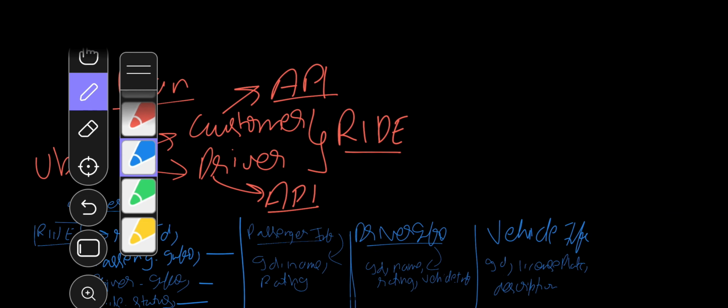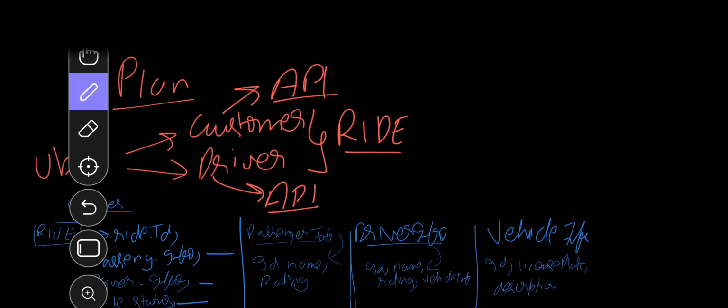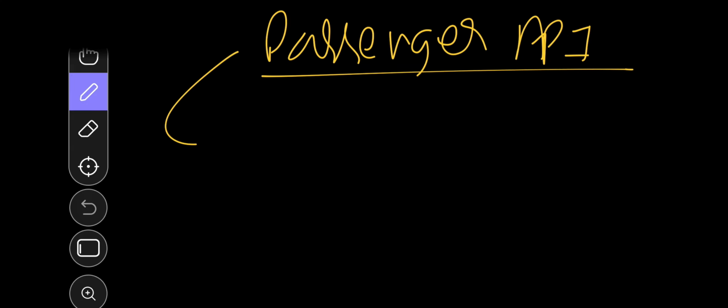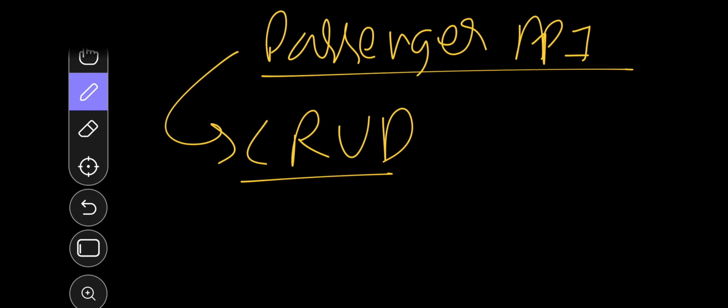Let's move to the customer API first. In customer API, let me write, let's say passenger API. Cool. So we will have CRUD operations here, right? The create, read, update, delete operations, and it's going to be very straightforward.